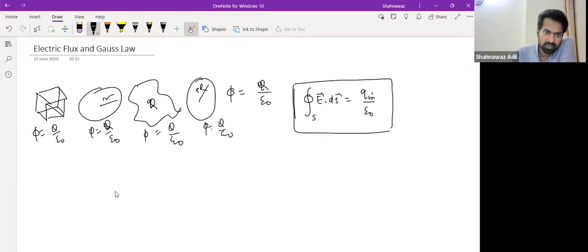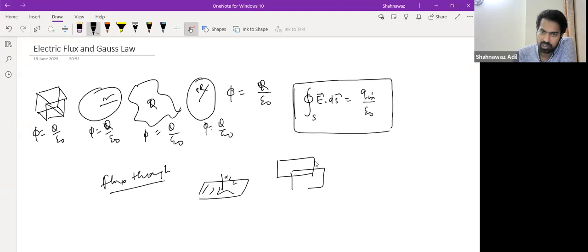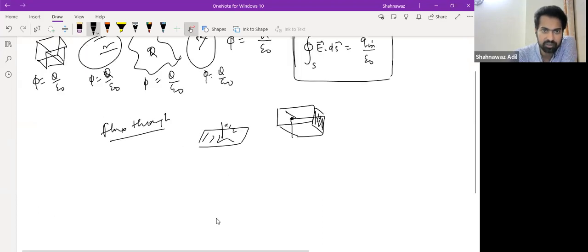You guys must have calculated the flux through the surface of the cube, these kinds of questions, if the charge is placed at this point. Electric flux questions you guys have done, right, guys?